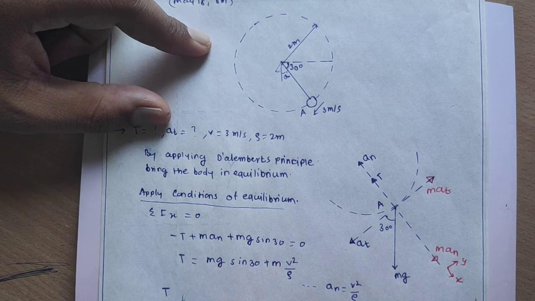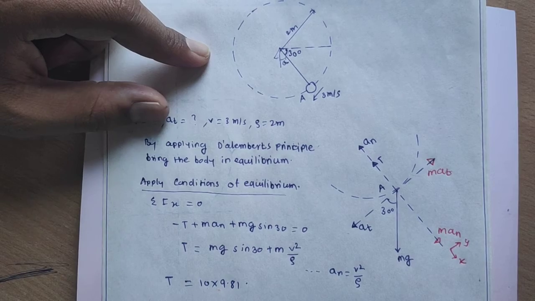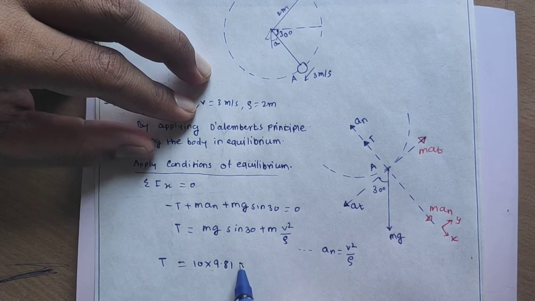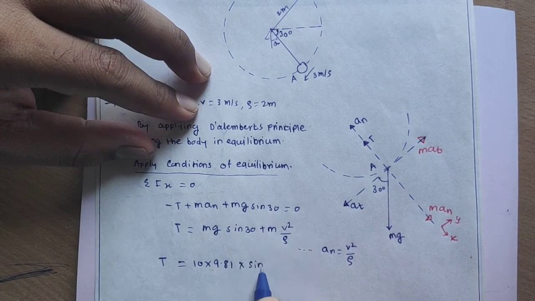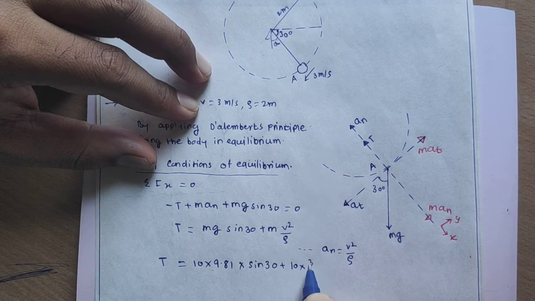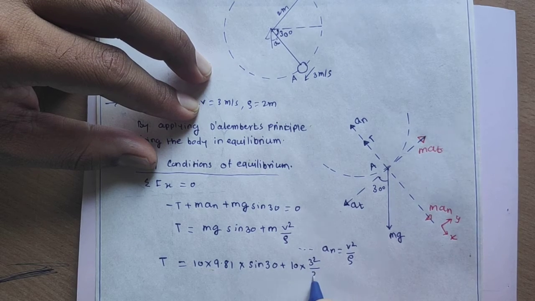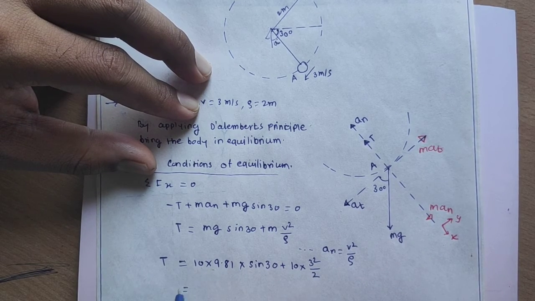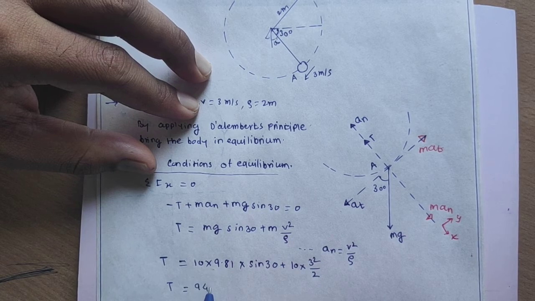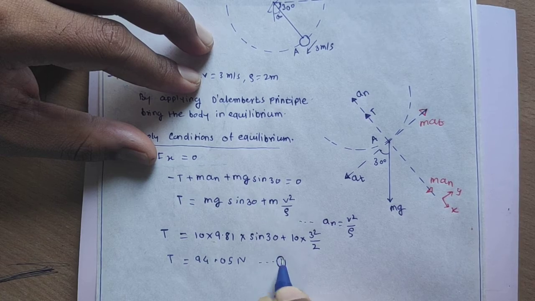So T is equal to 10 into 9.81 into sine 30 plus mass 10, velocity 3 square, divided by rho, the radius, that is 2 meter. Hence we can calculate the value of T as 94.05 Newton. So this is our first answer.